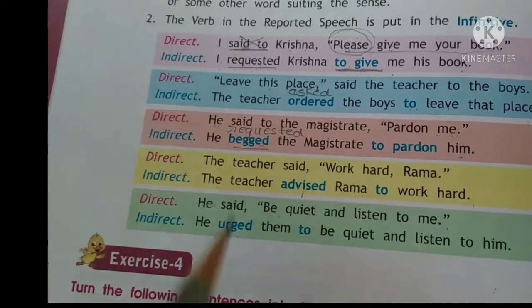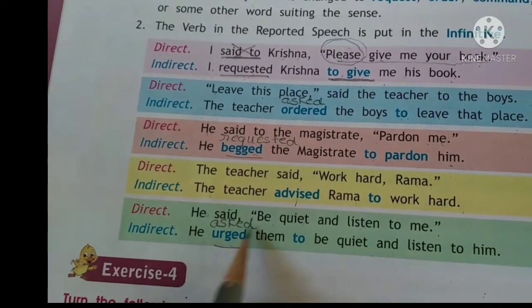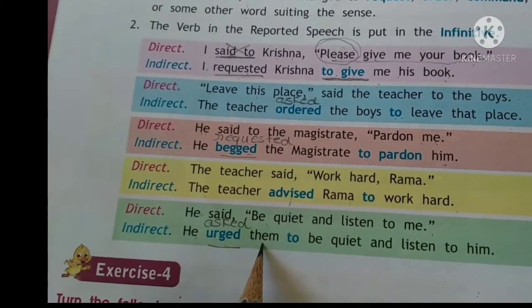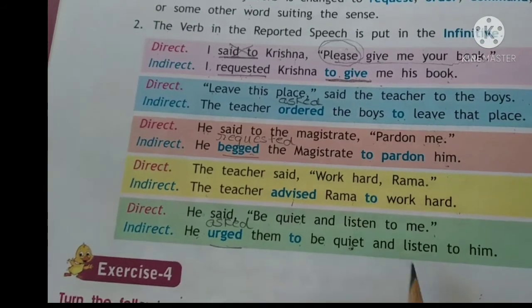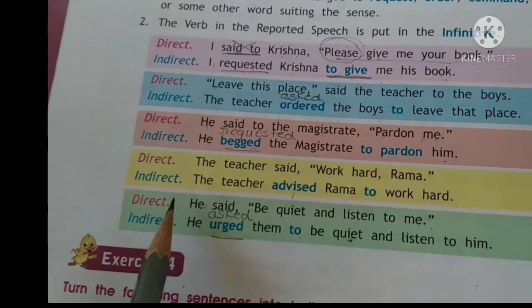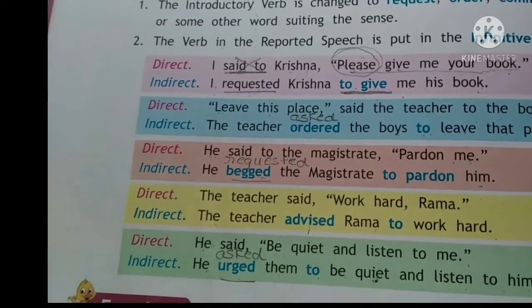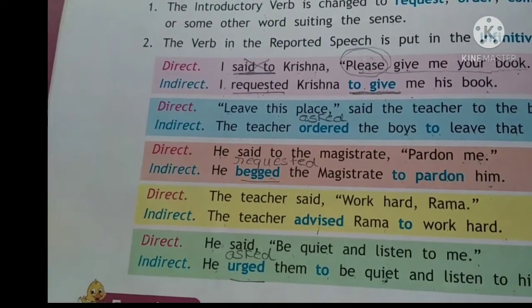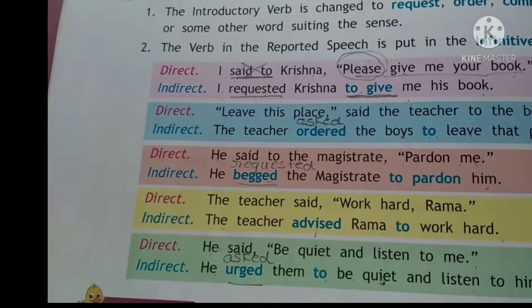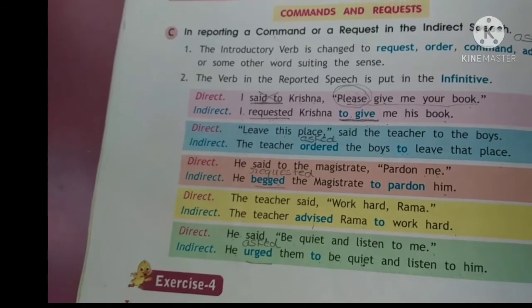So he urged, or he advised, or he asked. Both are right. He asked them to be quiet and listen to him. Who is this "him"? The "he". So this is the way we change from the direct into the indirect according to the 7th rule, for command and request sentences.